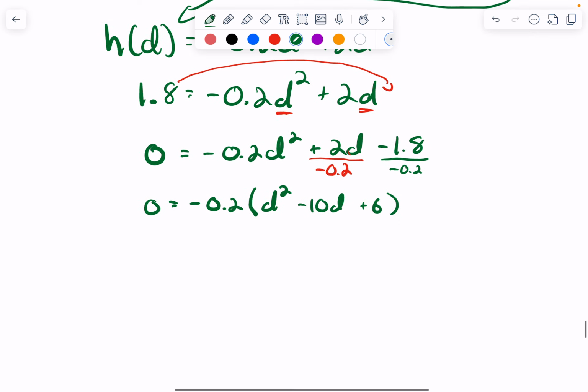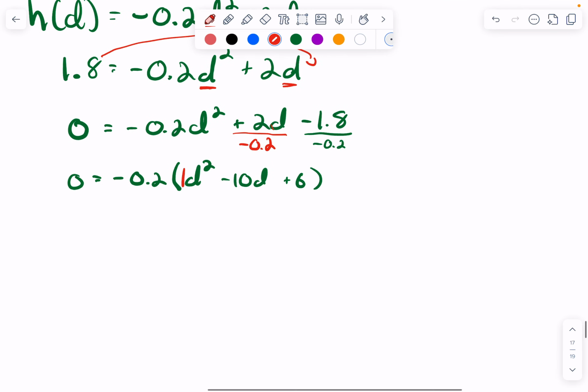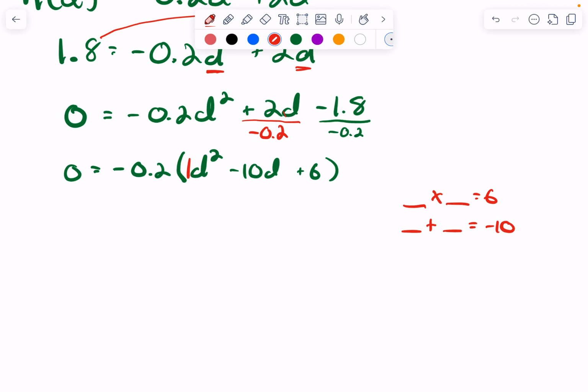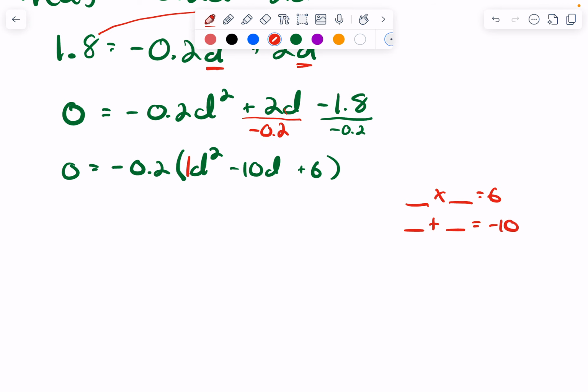So now we can factor this. That's a simple trinomial where you need two numbers that multiply to give you 6, and the same two numbers have to add up to give you negative 10. So what are your multiples of 6 that will add to negative 10? Actually, nothing in this case.